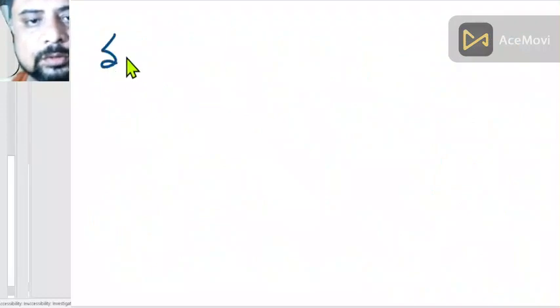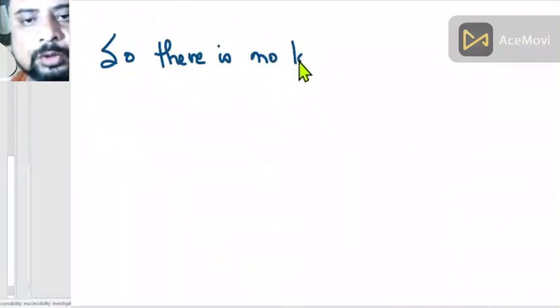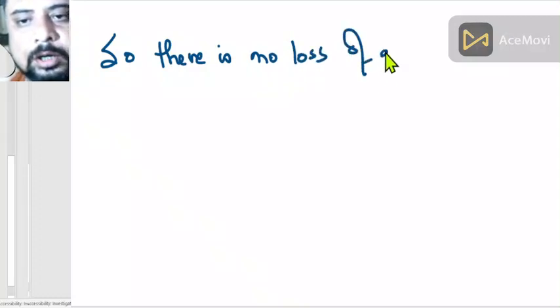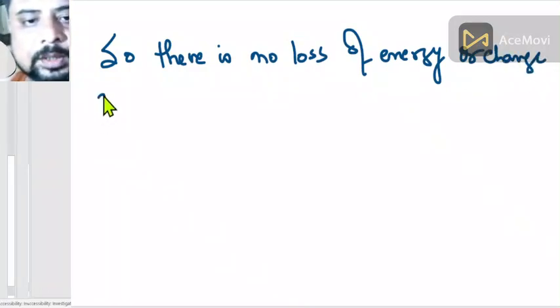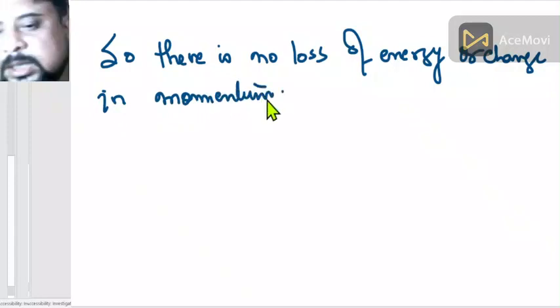So there is no loss of energy, no change in momentum, because force is 0. So this is the classical situation, and you have studied the classical situation in many textbooks.